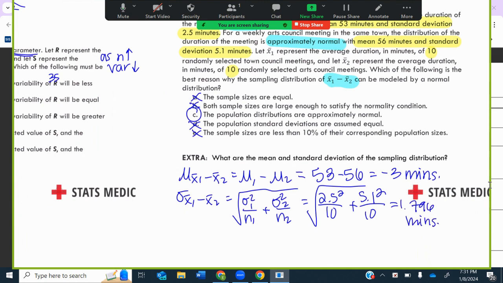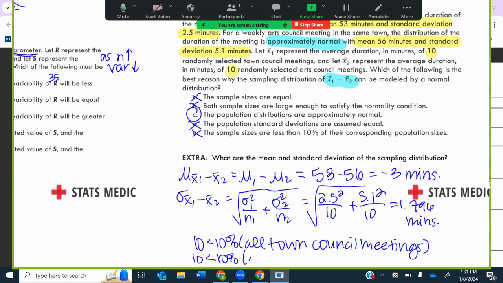minutes. And then remember that we're going to do 10 is less than 10% of all town council meetings. We have to assume that's true. And 10 is less than 10% of all arts council meetings. All right.